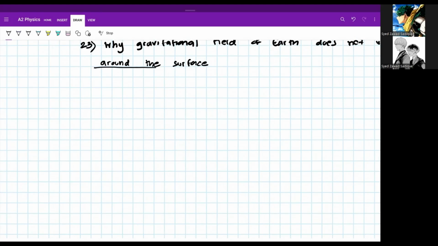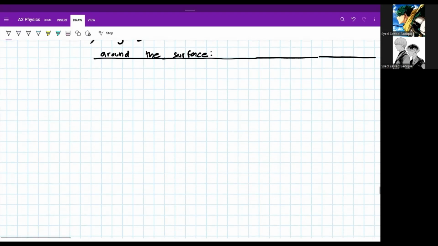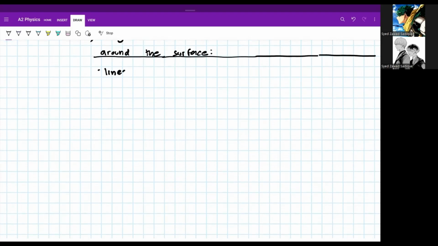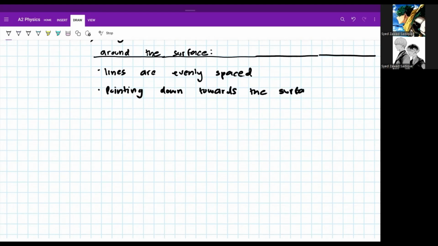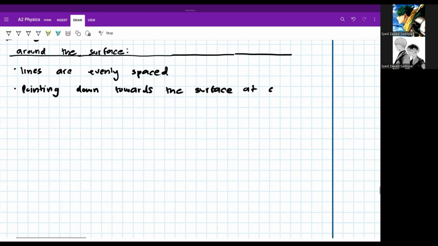The answer to this is lines are evenly spaced and they're pointing down towards the surface at all points. Sorry, at all points, my bad.